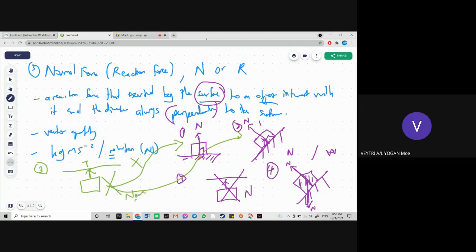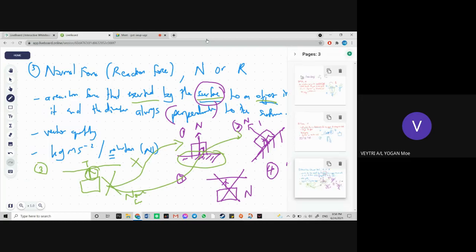Tiada normal force. Kenapa? The definition says exerted by a surface to an object. Adakah ini surface? No, it's a string. Surface means a ground like this, a platform, the table, whatever which is flat, that is surface. All right, do you understand? Yes. Okay. Thank you. All right, no problem. Now, shall we move on to the next one?